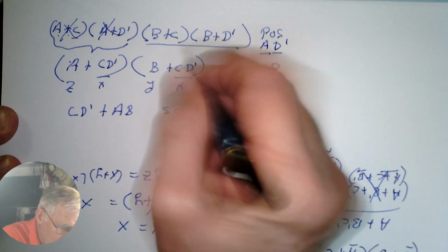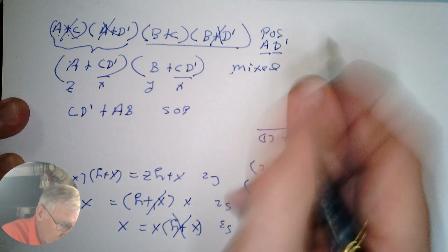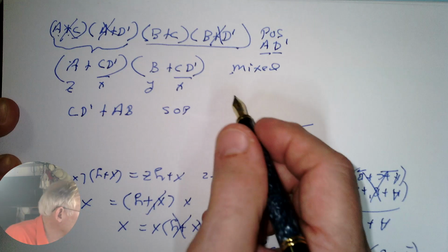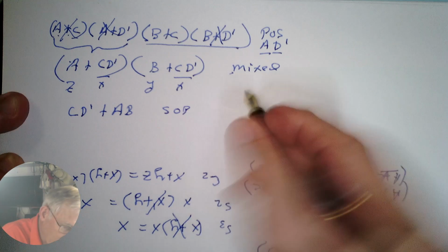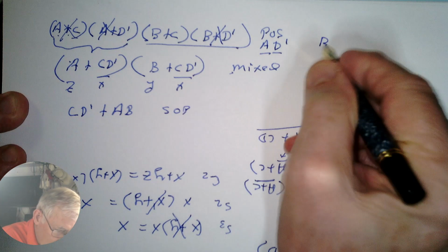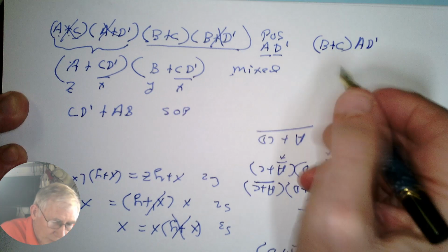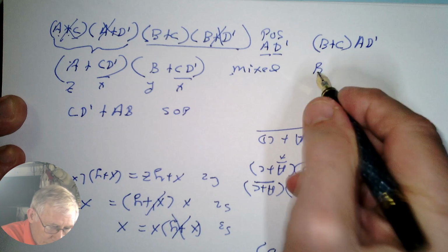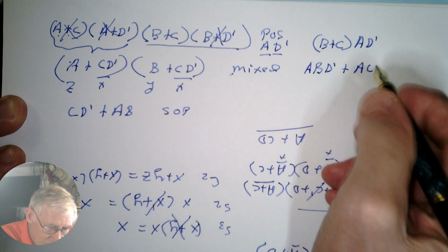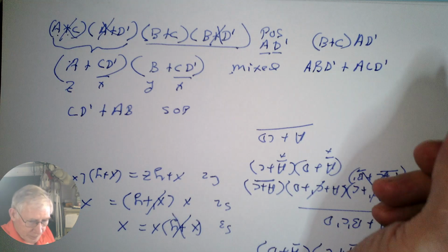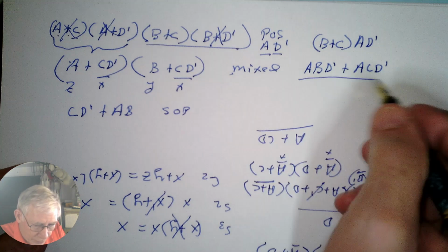Our d prime lets us drop this term. And so then we're left with b plus c times a d prime. And that's just going to be a b d prime plus a c d prime. And I just wrote it alphabetically here.